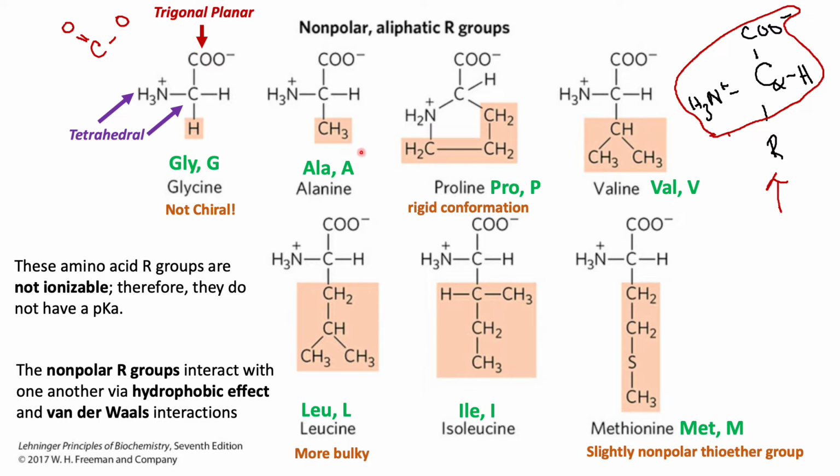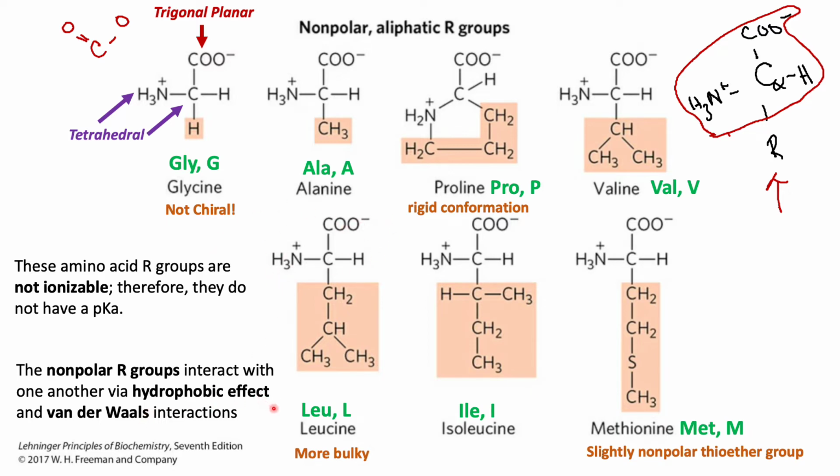You have carbon-hydrogen bonds. Now, we know that whenever we have nonpolar R groups, if we have carbon-hydrogen bonds, they can interact with one another via the hydrophobic effect and van der Waals interactions. So if I placed a mixture of leucine into a polar solution, the hydrophobic regions of leucine will cluster together and the hydrophilic region of all the leucines will be on the outside.